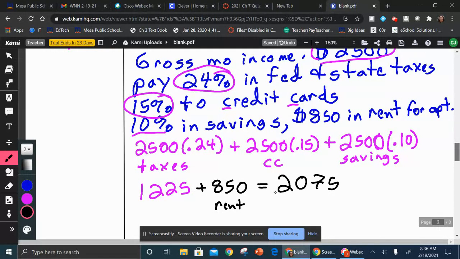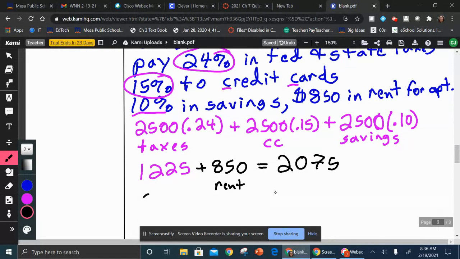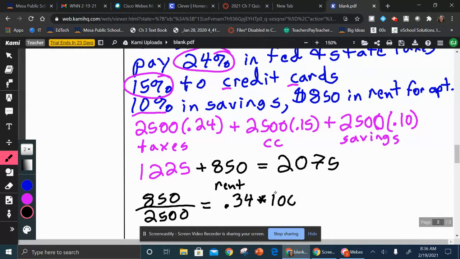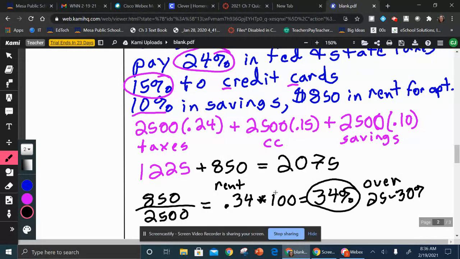Okay, we want to check that rent: 850 divided by 2,500, her gross pay. We get 0.34, times 100 to change it to a percent. That's 34%, over the 25 to 30% interval.